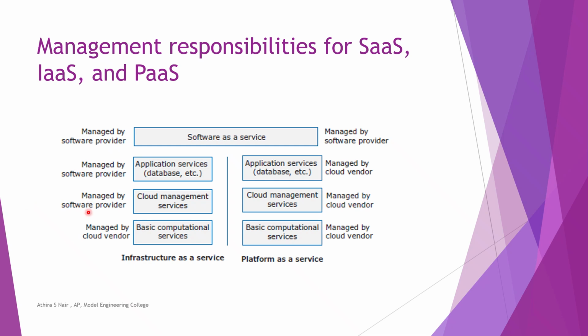So an important difference between these IaaS and PaaS is the allocation of system management responsibilities. So this figure shows who has management responsibilities for software as a service, infrastructure as a service, and platform as a service.